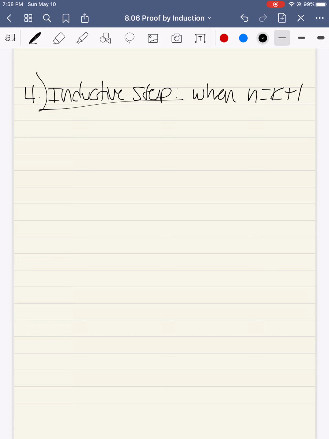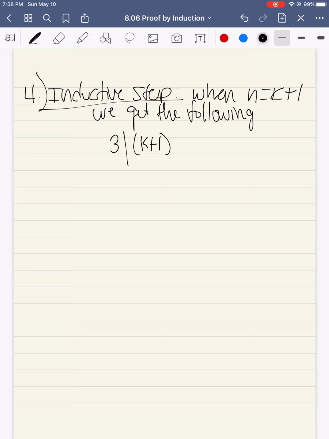So when n is equal to k plus 1, we get the following statement. So 3 is a divisor of (k plus 1) cubed plus 2 times (k plus 1). And we need to prove that this statement is true.